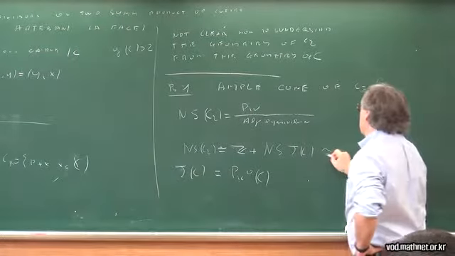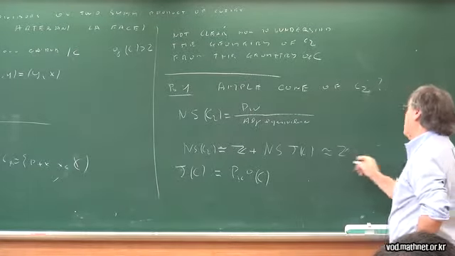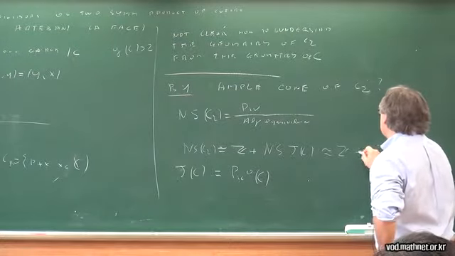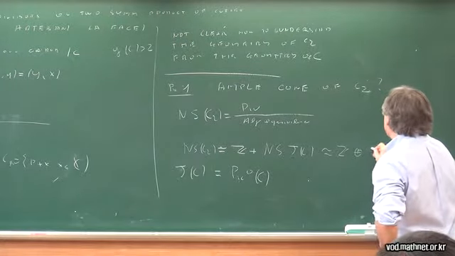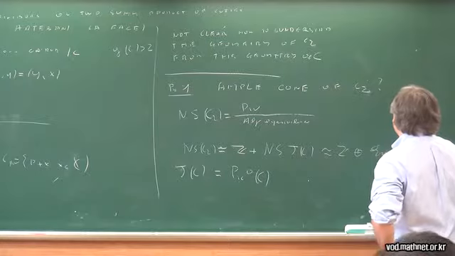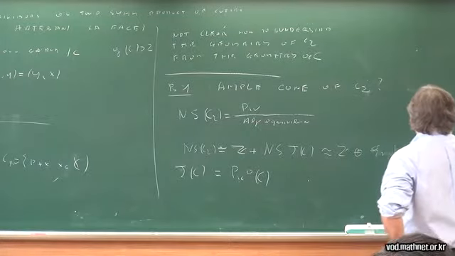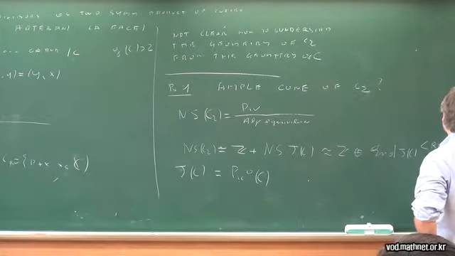And the Néron-Severi of the Jacobian of C is isomorphic to the endomorphisms of the Jacobian of C fixed by the Rosati involution.